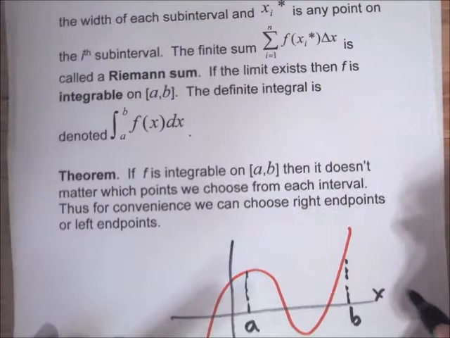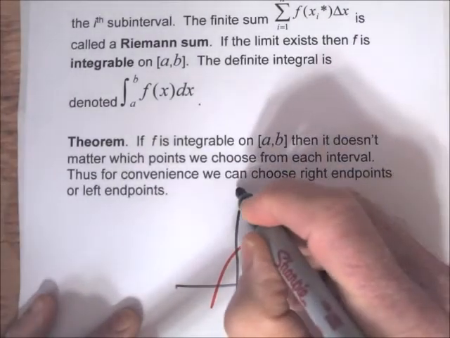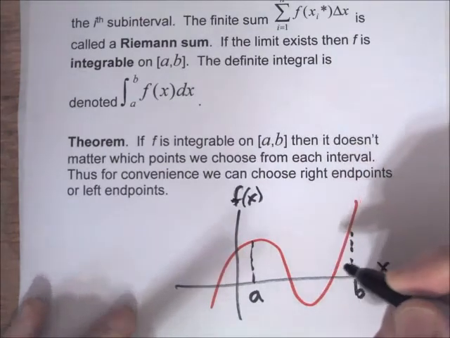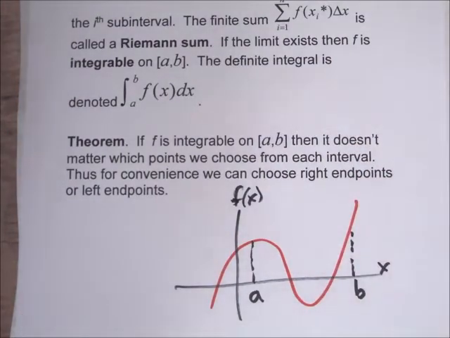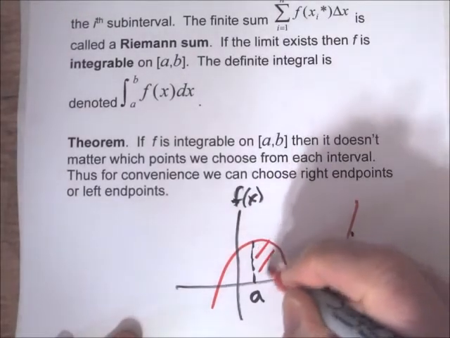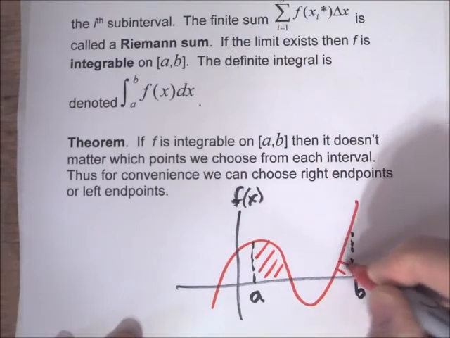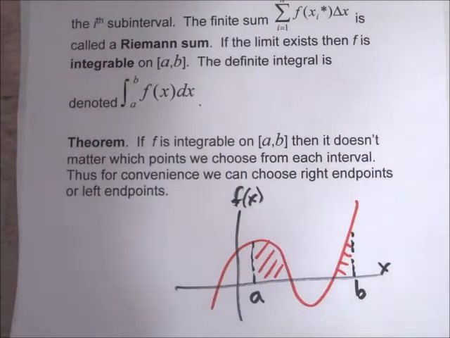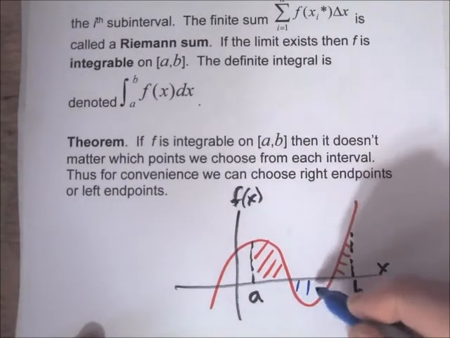And if you want the integral over the interval from A to B, the integral is actually going to be sums and differences of areas. So you'll have this area here, and then you'll have a minus that area.